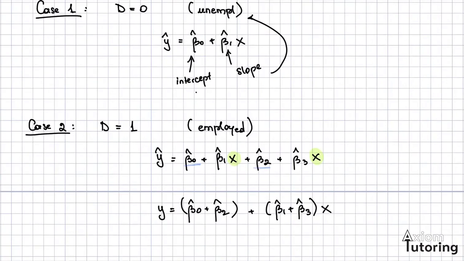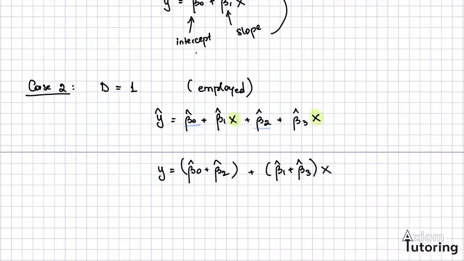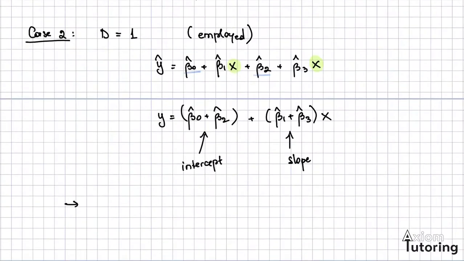Okay, so from here, very clearly, we see that the intercept is beta 0 hat plus beta 2 hat, and the new slope now is beta 1 hat plus beta 3 hat. So look very carefully at what's happened. We have a shift in the intercept, and that shift in the intercept is the beta 2 hat.